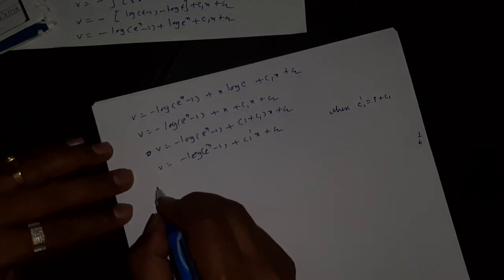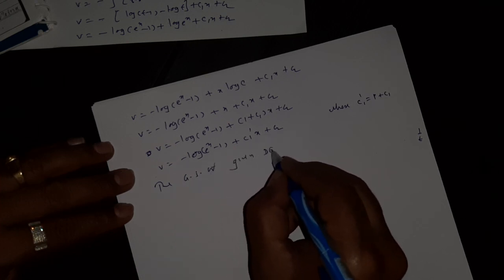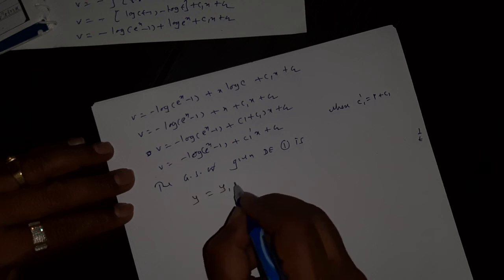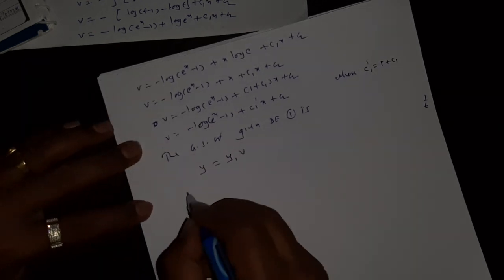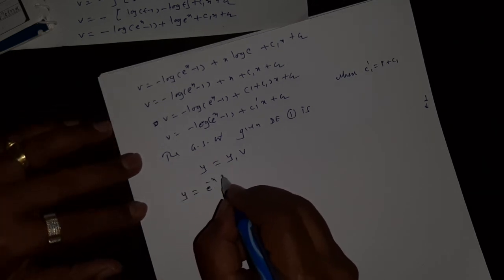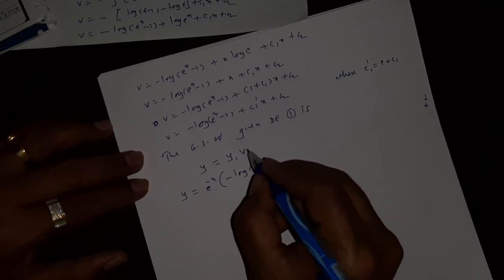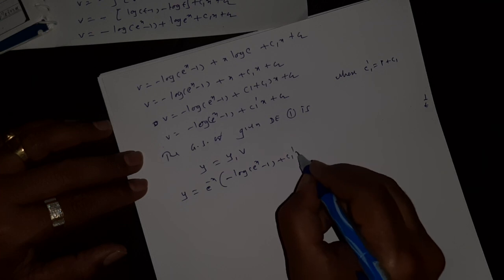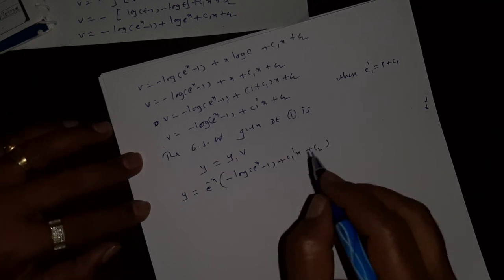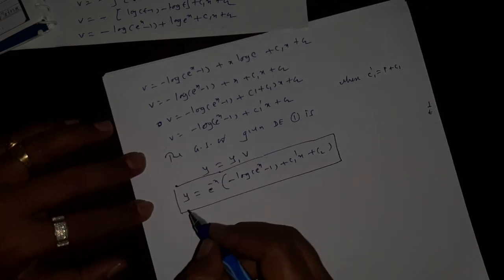And therefore the general solution of the given differential equation is, what is it? y is equal to y1 v. What is y1? y1 is e raised to minus x. v is minus log e raised to x minus 1 plus c1 dash x plus c2. So this is the general solution of the given differential equation.